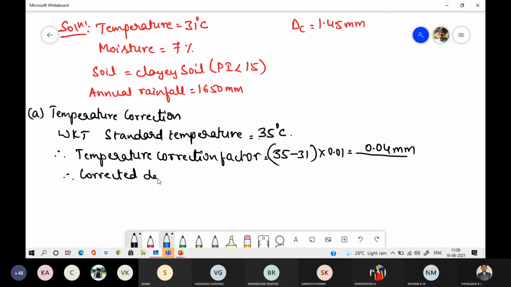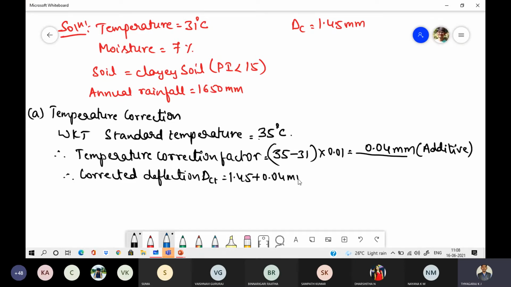Now therefore, corrected deflection, or we can call it DCT, temperature. So 1.45, is it additive or subtractive? Additive. Yes, it is additive. So mention in the bracket additive. So 0.04 mm.